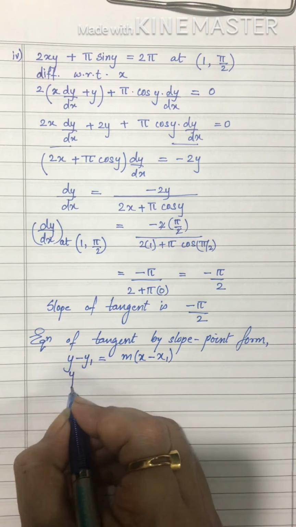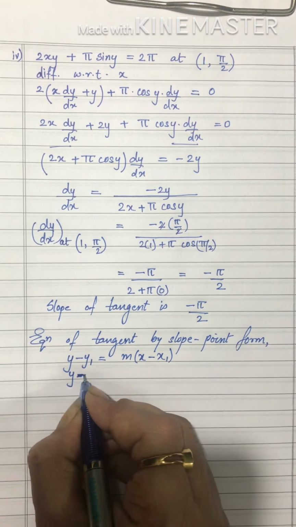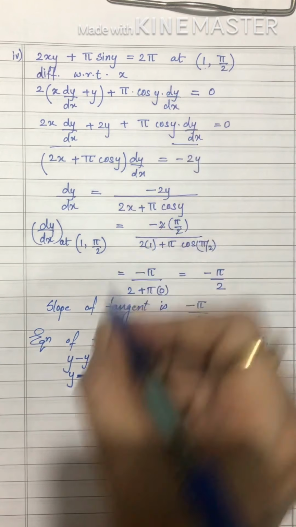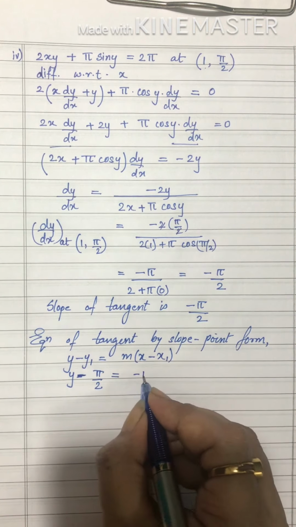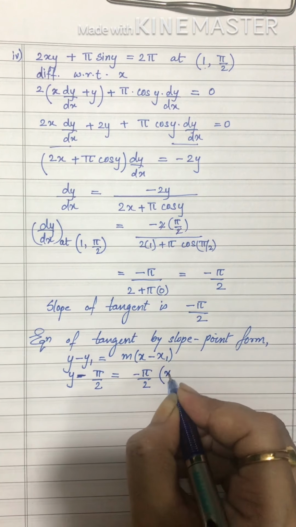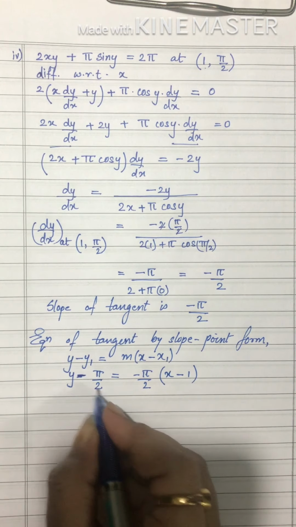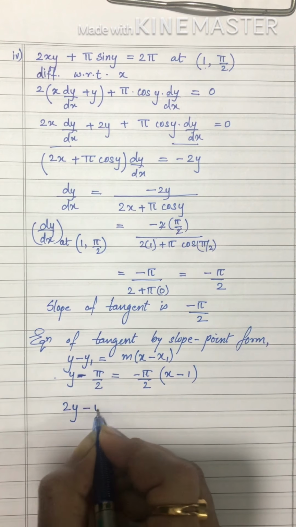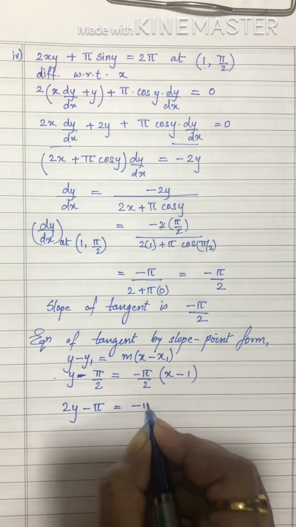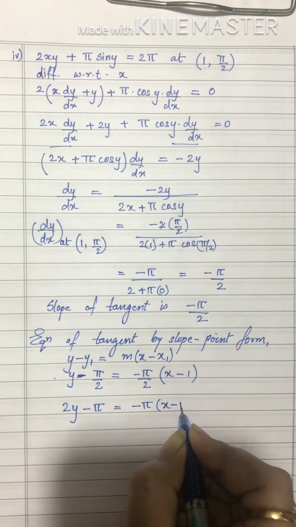Okay, so we'll substitute it here. y minus y1, this is x1, y1, so pi by 2, is equal to m, which is minus pi by 2, into x minus 1. Okay, we'll try to simplify this. We'll multiply throughout by 2, so we get rid of this denominator. So I get 2y minus pi is equal to minus pi into x minus 1.